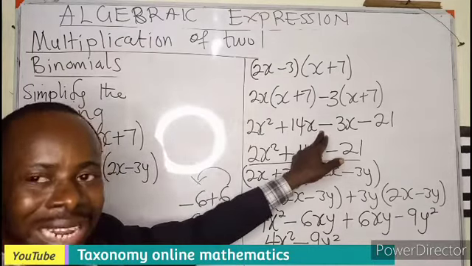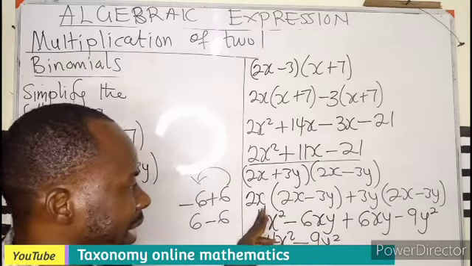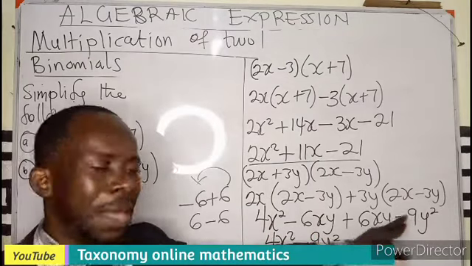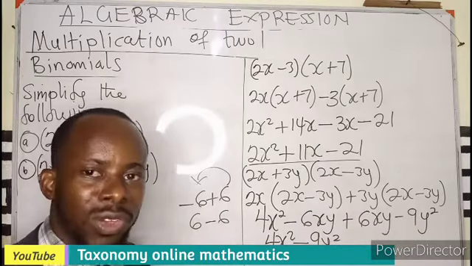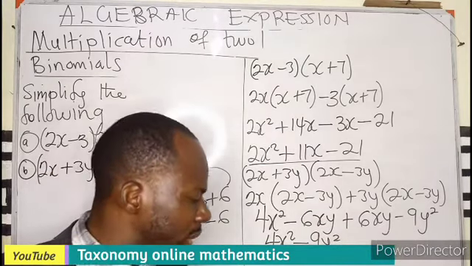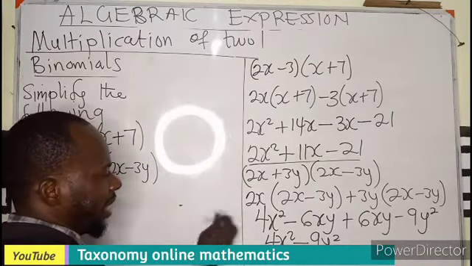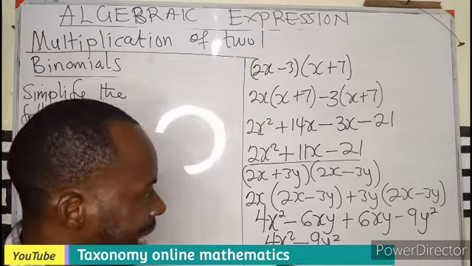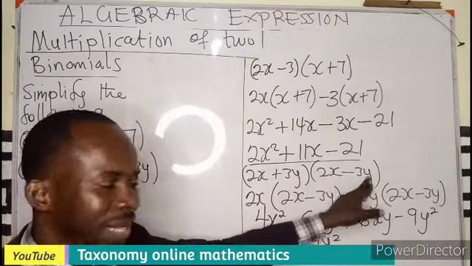You can see that here we have 3 terms. Here we are only down with what? 2 terms. But in the beginning we have our 4 terms as explained. So this is what you get. Good. So under multiplication of binomial, it will be a point as I see 2x, 2x, 3y, 3y.